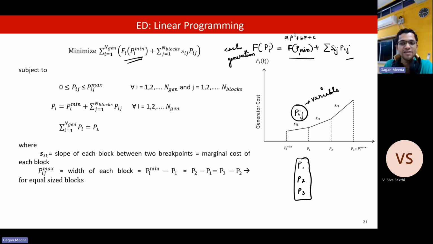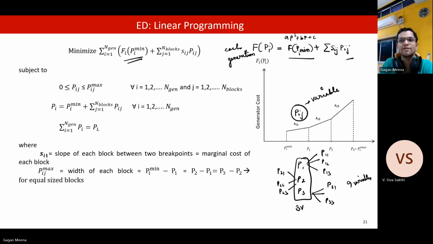But now for each generator we have three segments: P11, P12, P13, then P21, P22, P23, similarly P31, P32, P33. We had three variables, now we have nine variables. So all these Pij are variables, and these variables are non-negative.